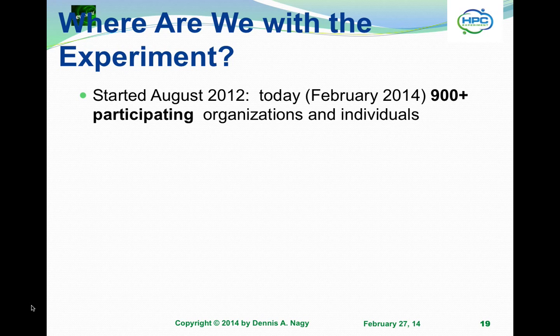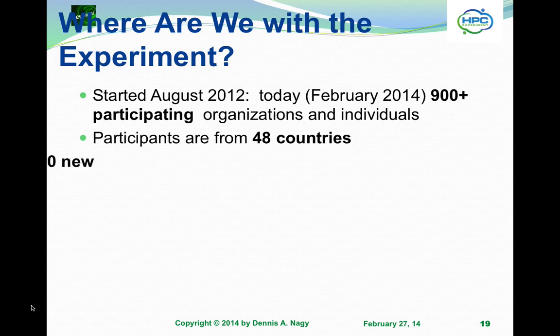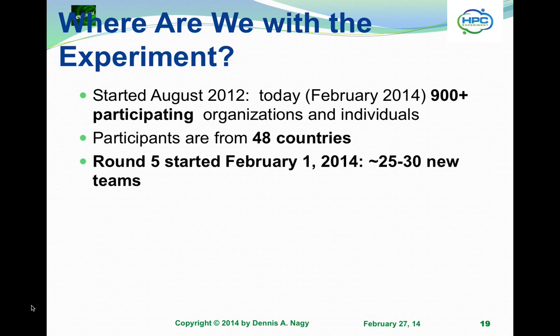The fifth round of this experiment just started on February 1st of this month with 25 to 30 new teams. Teams get numbered consecutively in each round, and there have been somewhere around 140 to 150 teams in total. New teams get created, or teams get carried forward if they didn't finish in a previous round, and they get a new number.